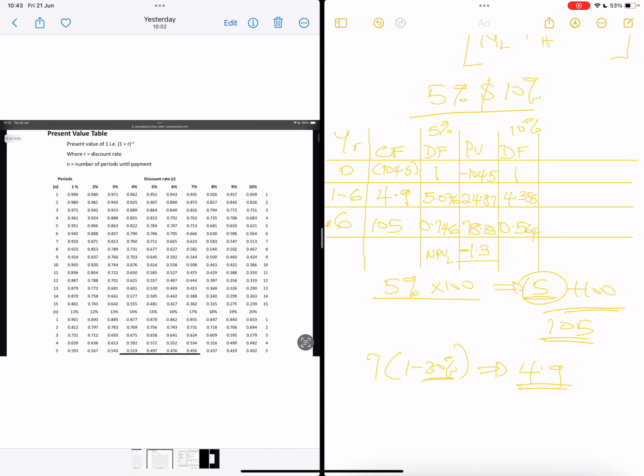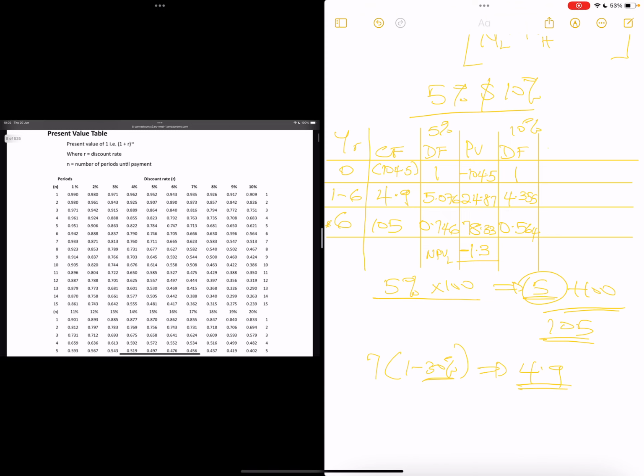And with this, we can get our present value at the higher rate. So this remains minus 104.5. Now we have 4.355 multiplied by 4.9. And that gives 21.34 and 0.564 multiplied by 105.